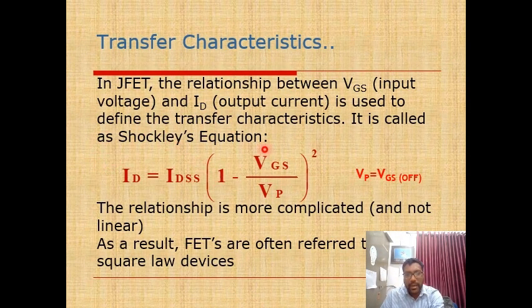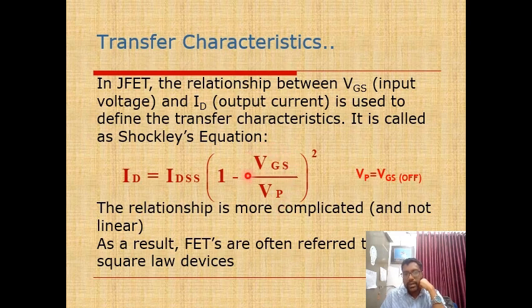Now, as we have seen the characteristic equation of BJT in the previous slide, this is the characteristic equation for a JFET, where it is written ID equal to IDSS into 1 minus VGS by VP whole square. Now ID is the drain current, we all know, and IDSS is the drain current at saturation. Then it is 1 minus VGS by VP.